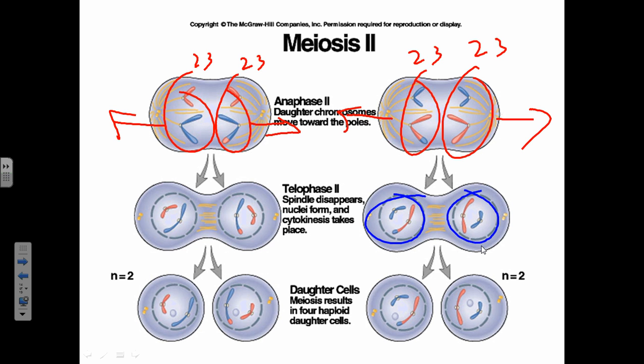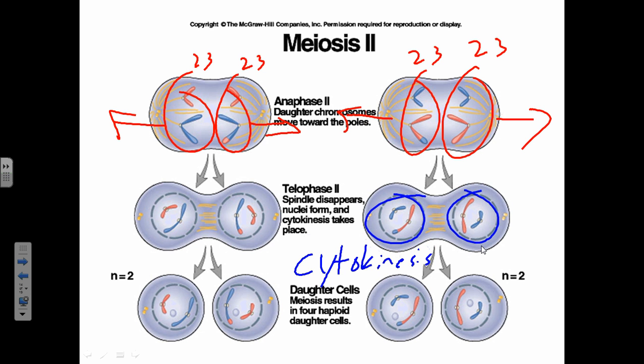Two cells with 2 nuclei. That's followed by cytokinesis, which divides each of those cells in half. So we end up with 4 cells. We started with 1 diploid cell and end up with 4 haploids. And remember, are those haploids just like each other? They are very different, because one of the main purposes of meiosis is to create genetic variation, to make different kinds of things.